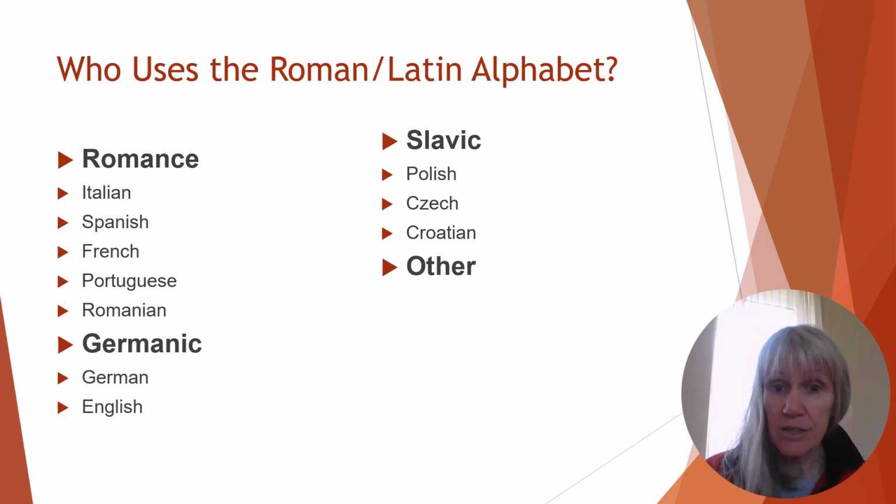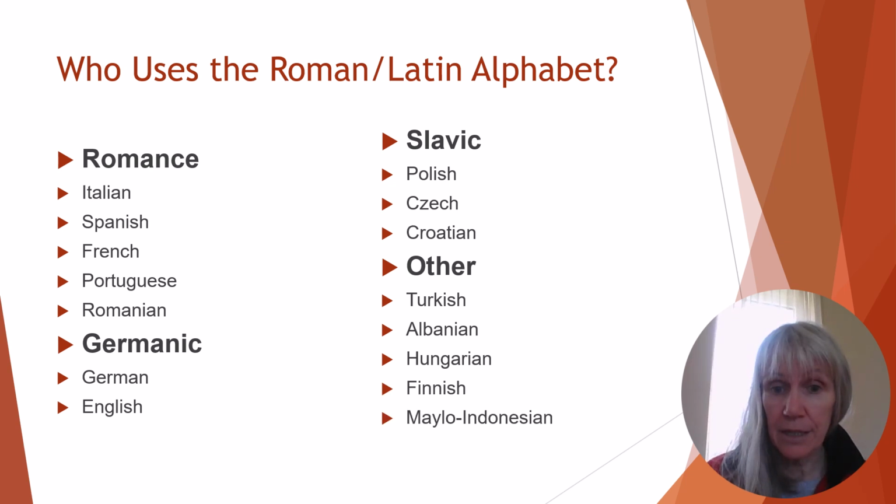In Croatia, Czechoslovakia, and Poland, we may use a version of it called the Gaj, G-A-J, version of the Roman alphabet, which may look very different, but once you get the hang of the Roman alphabet, you have a much easier time with the other languages, regardless of what version is being used. It's also used to some degree in Turkish, Albanian, Hungarian, and Finnish, and by the Malay-Indonesian population. So as you can see, the Roman alphabet is a pretty popular alphabet in the world.